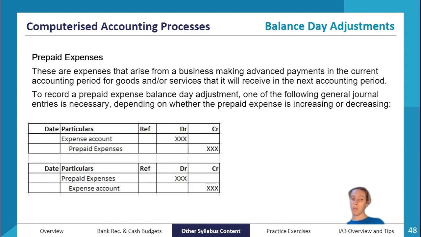And then we've got the opposite for the second one. So it's really important to know the accounts that are involved, the nature of those accounts, and then think, is it increasing or is it decreasing? And that will help you understand what column it needs to be in, either debit or credit.